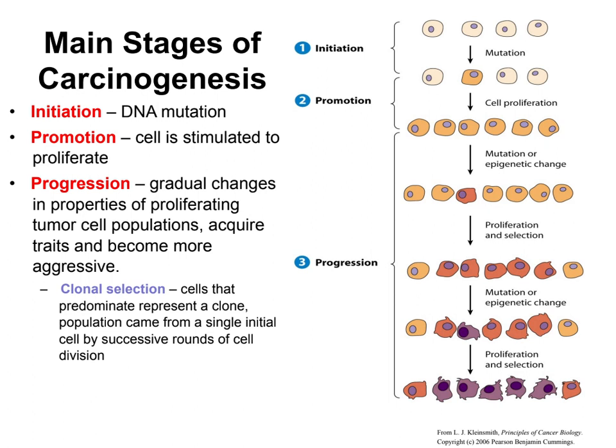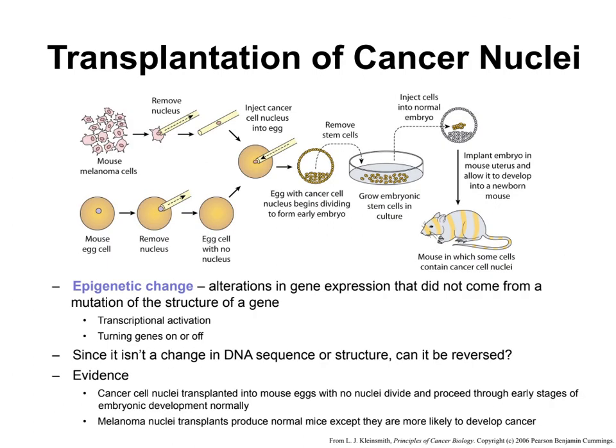These are all derived from the same cell, but they've undergone different genetic mutations. And so over time, we have a process of proliferation and selection, and eventually the most aggressive cell will be selected for, and then we will have clonal selection, which represents a clone that is the most successful at high proliferation and ability to survive.